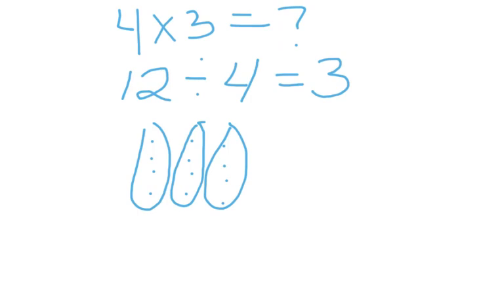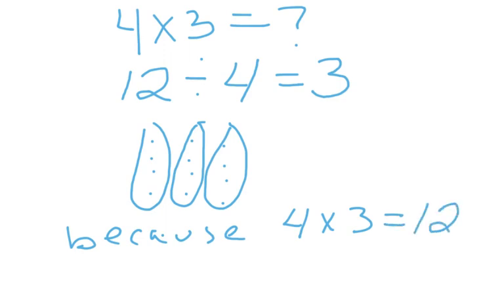So 12 divided by 4 equals 3. Okay, so here's one way we could look at it. 12 divided by 4 equals 3 because 4 times 3 equals 12.